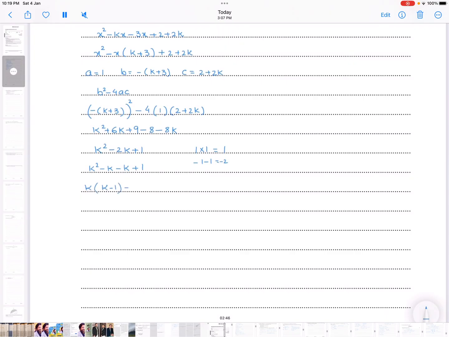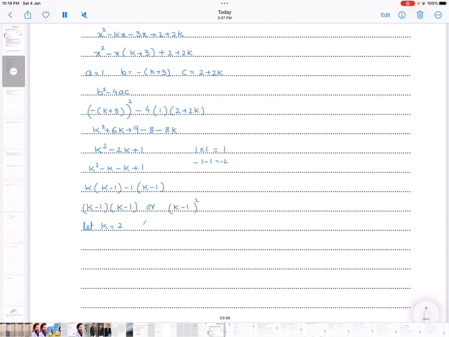So take k common, and I have two brackets the same, k minus 1. If I equate it with 0, I can say that k minus 1 appears 2 times, so I can write it as a whole square. So use any value for k.